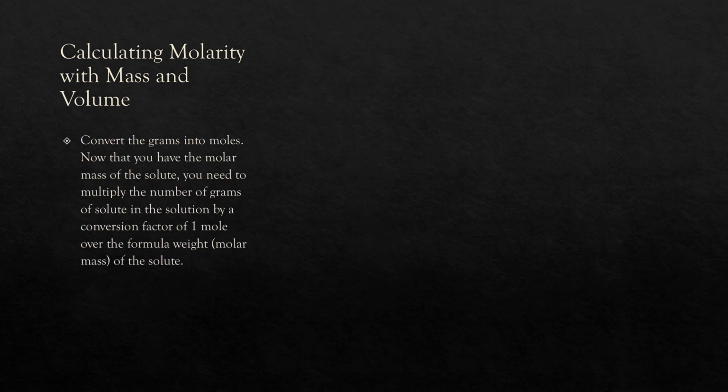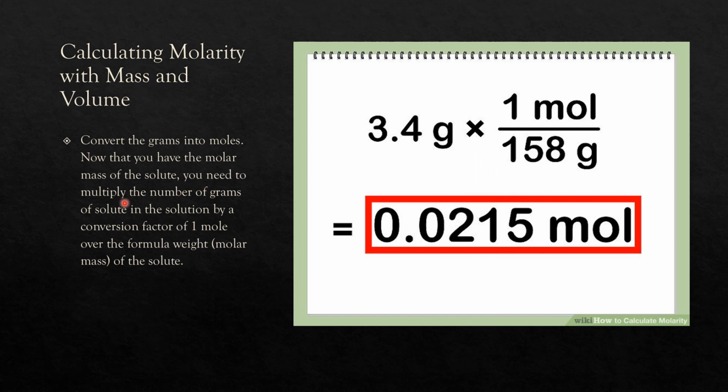So we have already derived the molar mass of our potassium permanganate, and that is equivalent to 158 grams. The next step to compute for molarity is to convert that into moles. To convert the grams into moles, we need to multiply the number of grams of solute in the solution by a conversion factor of 1 mole over the formula weight or the molar mass of potassium permanganate.